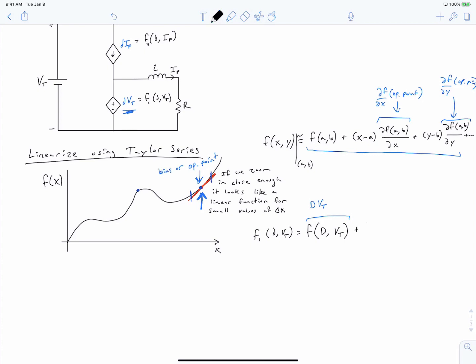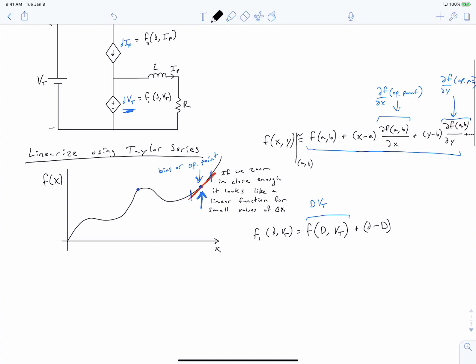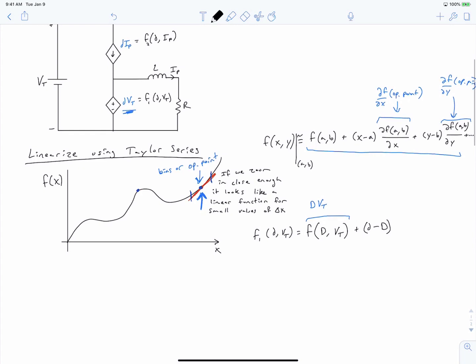And then we add to that little d minus our operating duty ratio times the partial of F1 with respect to the duty ratio and evaluated at our operating point, which in this case is going to simply be Vt. So this is equal to dF1 evaluated at dVt with respect to d.